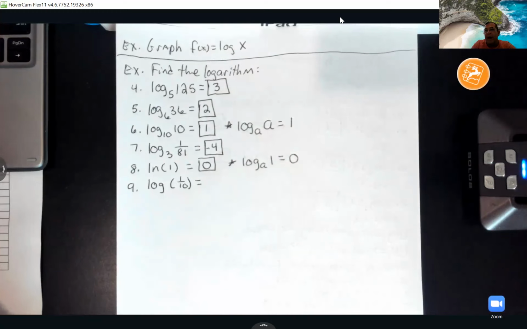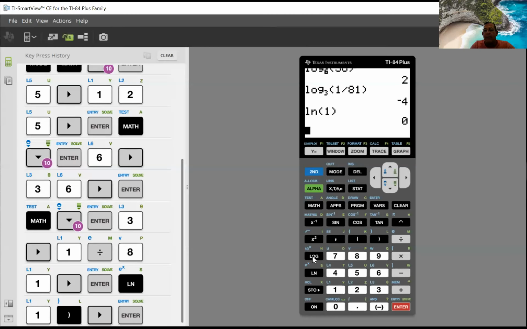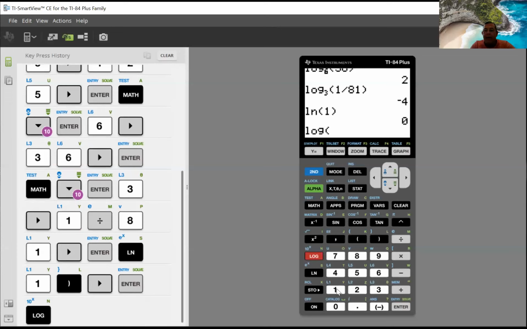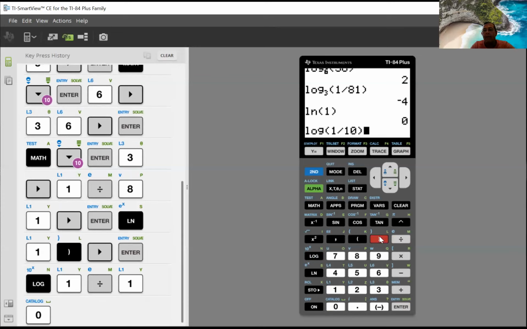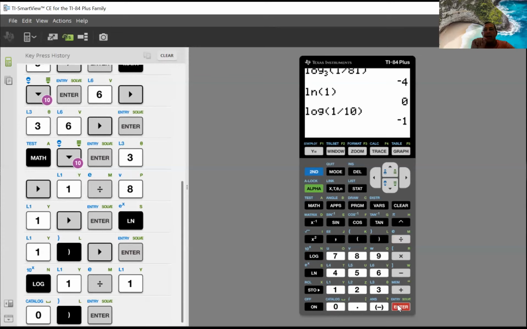So since that's a fraction, we know that this will be a negative answer. So y'all, there's my log on the front by the 7. And then I had 1 divided by 10. So let's hit enter on that, and we get a -1.